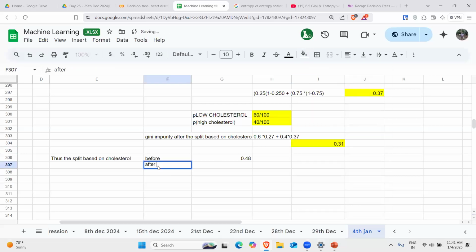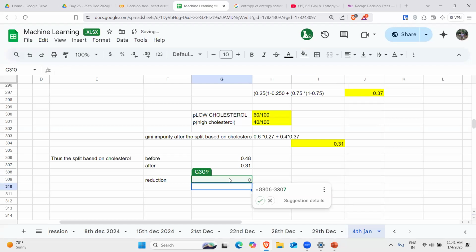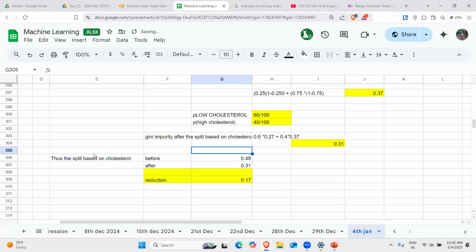After splitting based on the cholesterol, it is 0.31, and the reduction, the information gain, is equal to this minus this, simple, 0.17, right? So my reduction after doing cholesterol is 0.17.